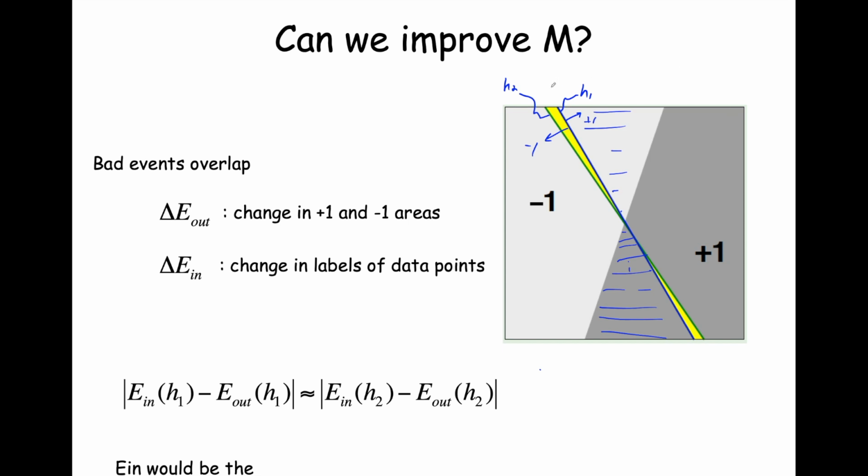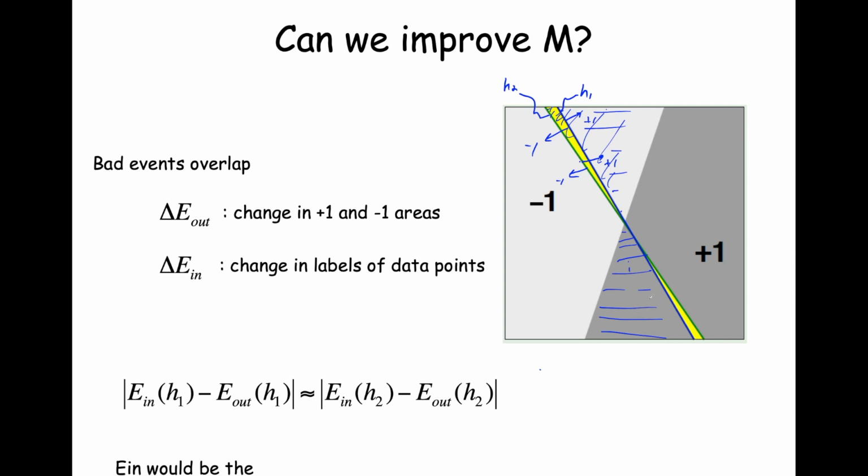Now, if we look at the out of sample error for H2, well, H2, likewise, if we take all of the area on this side of H2, H2 says that should be +1, and H2 says everything on the other side of the green line should be -1. So we have all the errors, out of sample error for H2 is the shaded region from this green line, including this triangular section.